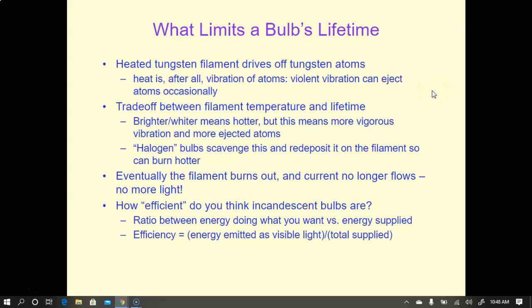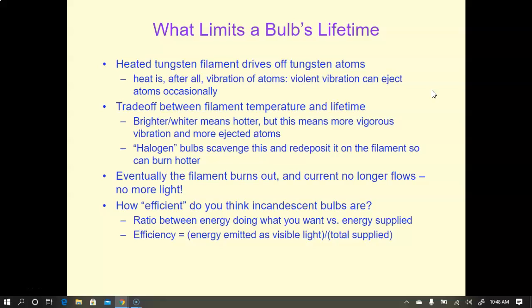All right, so let's go back to our light bulbs then and think about what limits they have on how long they last. So we said that we have a tungsten filament in there that's really thin, and we're heating it up. When we heat it up, some of the tungsten atoms are going to be driven off. They're going to get so hot that they'll be able to escape the wire.